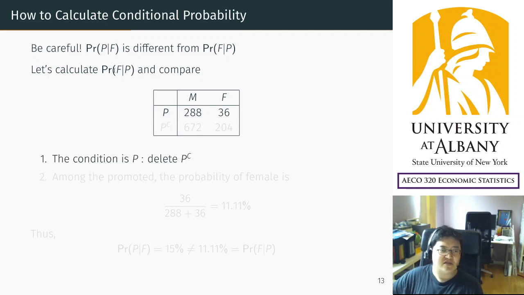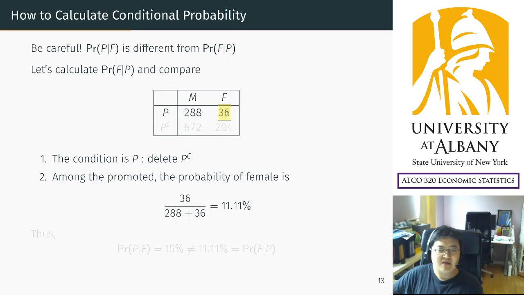So calculate this. Now the condition is promotion. We are choosing among the promoted and deleting the not promoted candidates. So then we only have this many observations that satisfy the condition. And among them, there are this many female candidates who are promoted. So among these many observations satisfying the condition, you only have 36 observations that satisfy the main event of interest, right?